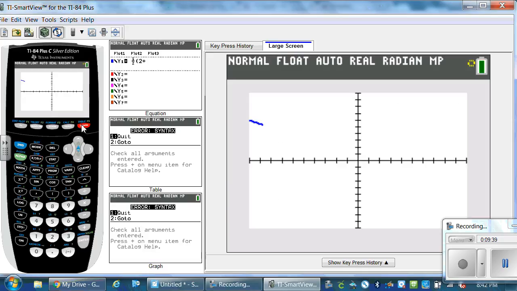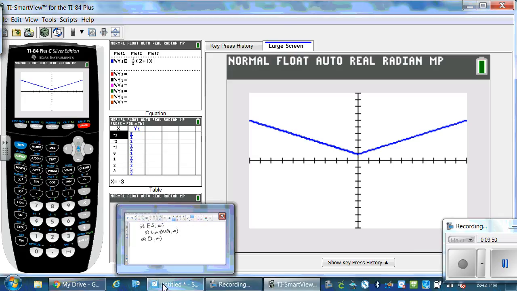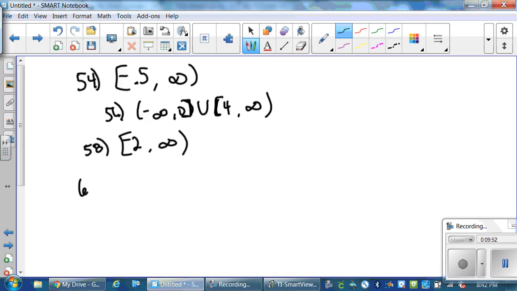Alright, here's what that looks like. And this looks like the y values are positive everywhere. So my answer for 60 is going to be from negative infinity to positive infinity.